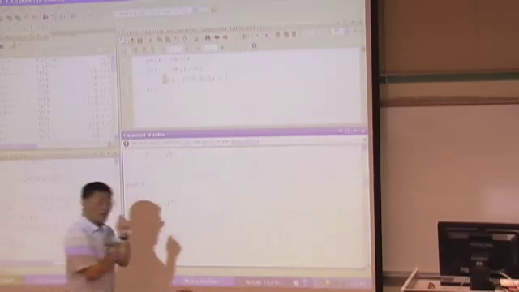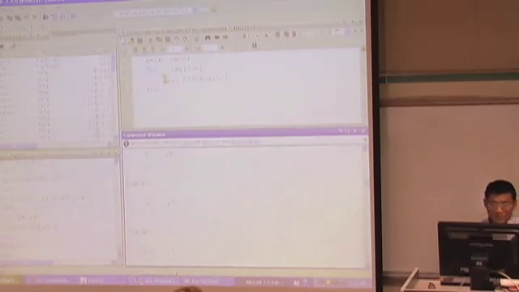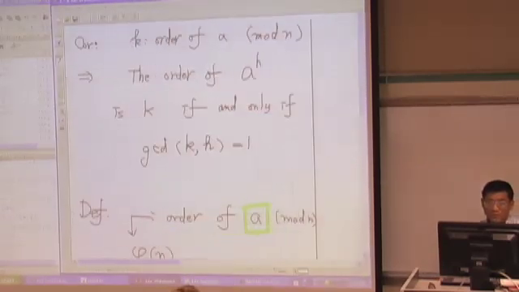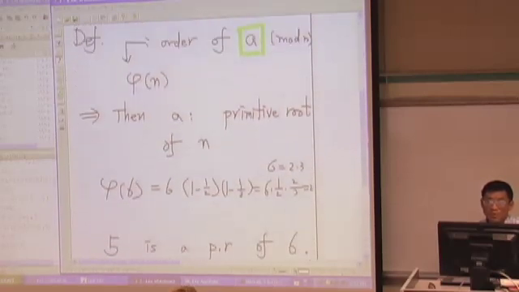It is no. Why? Because to be a primitive root, the order of A should be exactly phi of n, which happens to be 20, right? If the order is less than this, then it cannot be a primitive root.